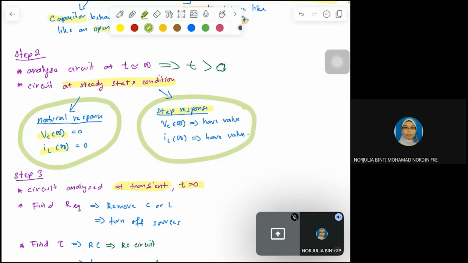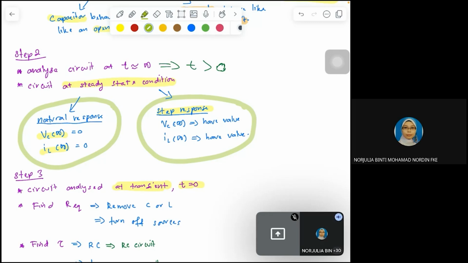When we have a natural response, our I infinity or V infinity is equal to zero, because it's not connected to the sources and no one will supply any V or I to them. But for step response, your circuit after 0 seconds is connected to the source, so at this moment you will definitely have the value of V and I, depending on whether it is RL or RC.